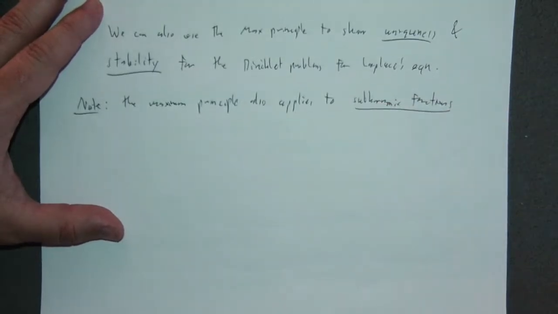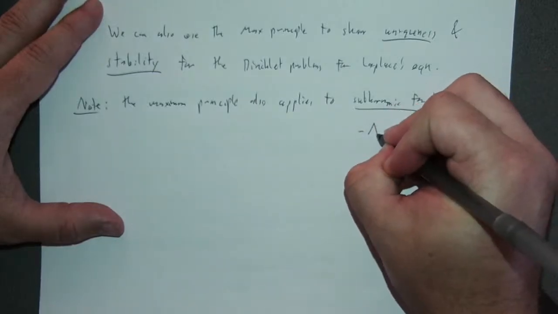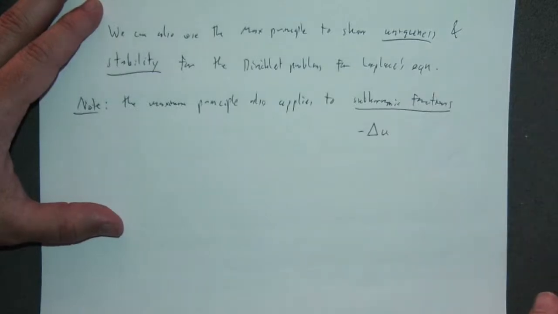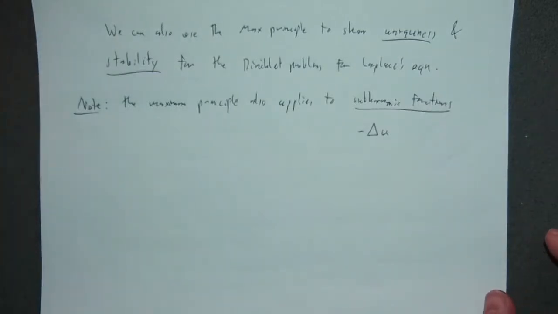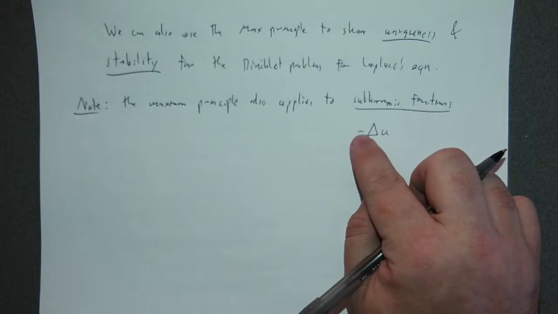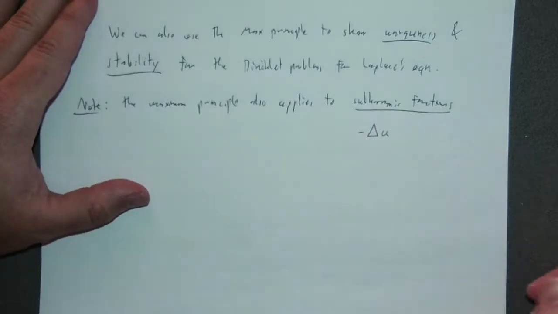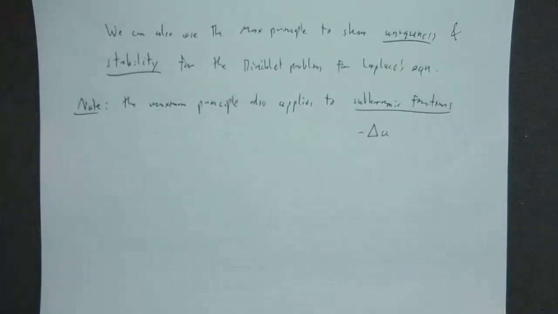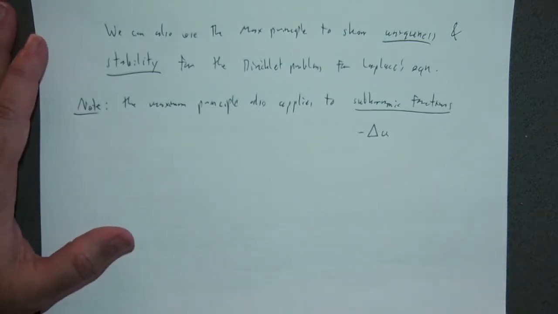What is a subharmonic function? Instead of the Laplacian of u being equal to 0 in some domain, I have, we'll say, minus the Laplacian of u. I'll mention something about this minus sign a little bit later. For various reasons, it is useful in many cases to consider this operator as minus the Laplacian instead of just the Laplacian.